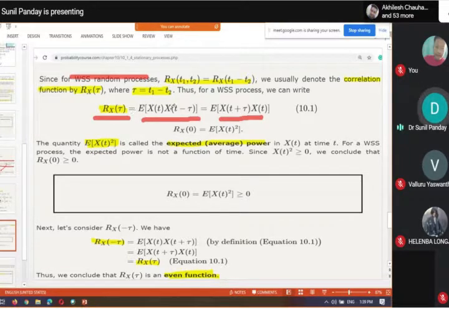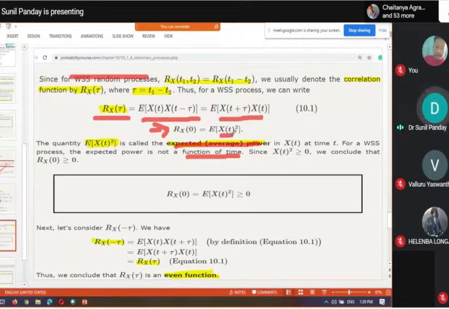Now, if tau equals 0, we get Rx(0) is the expectation of x(t) square. This is known as the expected average power in x(t) at time t. So for wide sense stationary processes, the expected power is not a function of time, because here tau is 0. For any t you calculate the expectation, but it turns out to be Rx(0). So it's not a function of time.